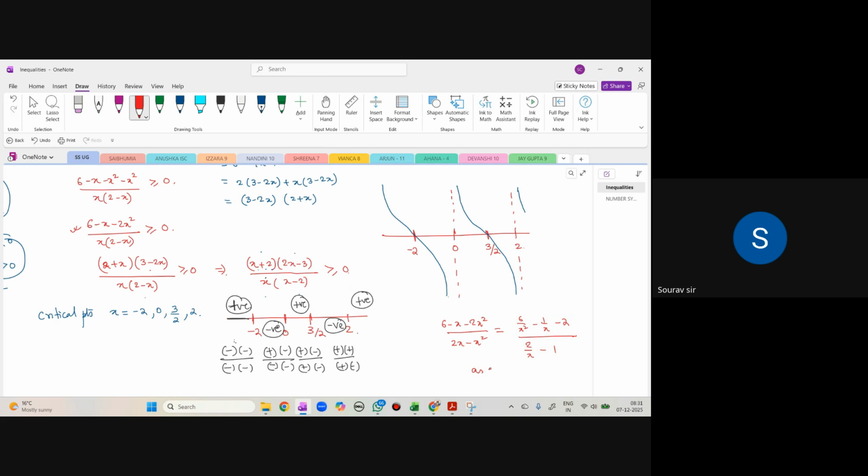So as x goes towards positive infinity, 1 by x goes towards 0, right? So this term will go to 0, this term will go to 0, this term will go to 0. So it will be minus 2 by minus 1, which is plus 2. So that means the graph will tend towards the value of 2, like this. So this will be the graph. Clear?